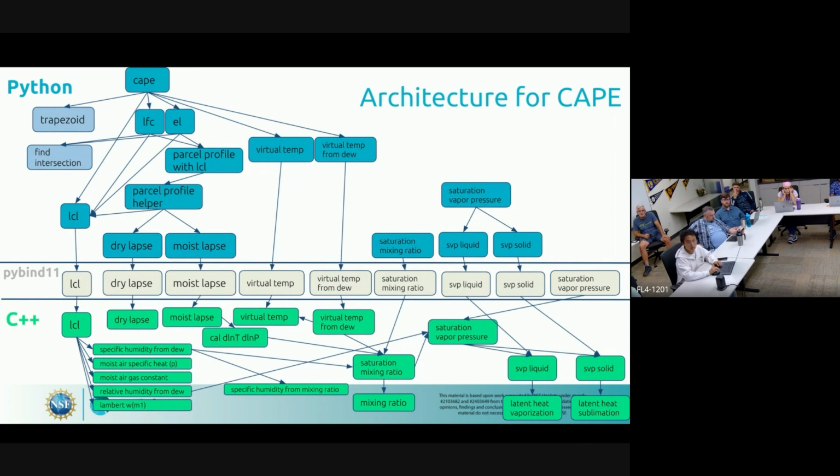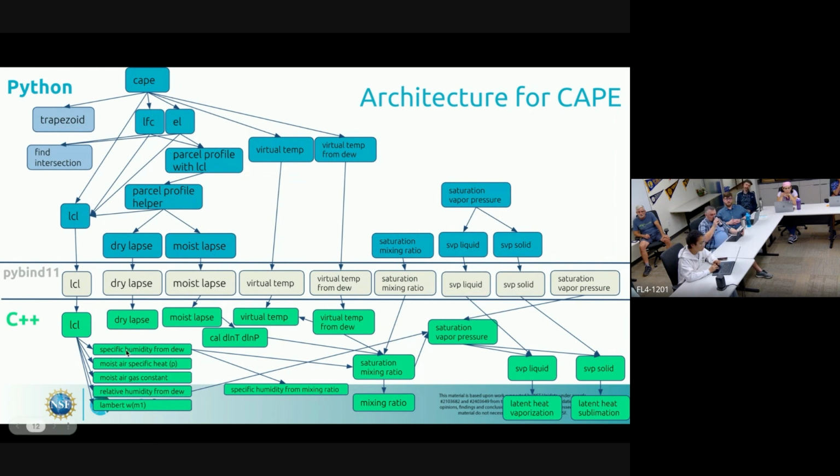So putting all things together, this is basically the architecture for calculating the CAPE function. As you can see here, it's a pretty intertwined deep tree of all the interactions and dependencies.